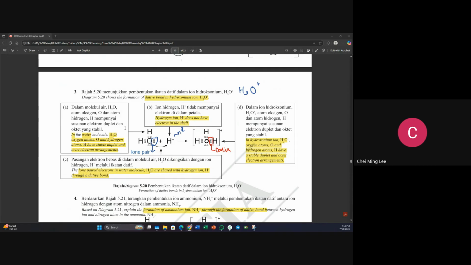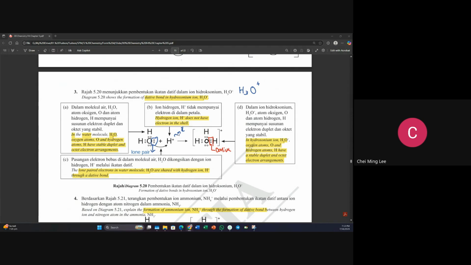Okay, so normally in a water molecule, H2O, the oxygen atom and hydrogen atoms have a stable duplet and octet electron arrangement, correct? Duplet for hydrogen, octet for oxygen.